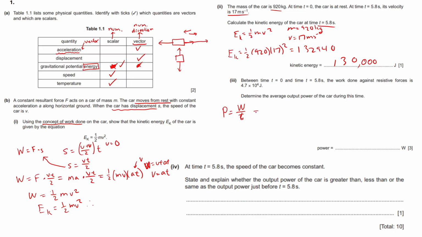And in order to calculate the total amount of work, we need to incorporate the work done previously as well as the work done against resistive forces. So we're going to go ahead and add these two up, I believe. So 130,000, and then we add 4.7 thousand, and then you should get 177,000 about, and that is our total work done divided by the time, which is going to be 5.8 minus 0.